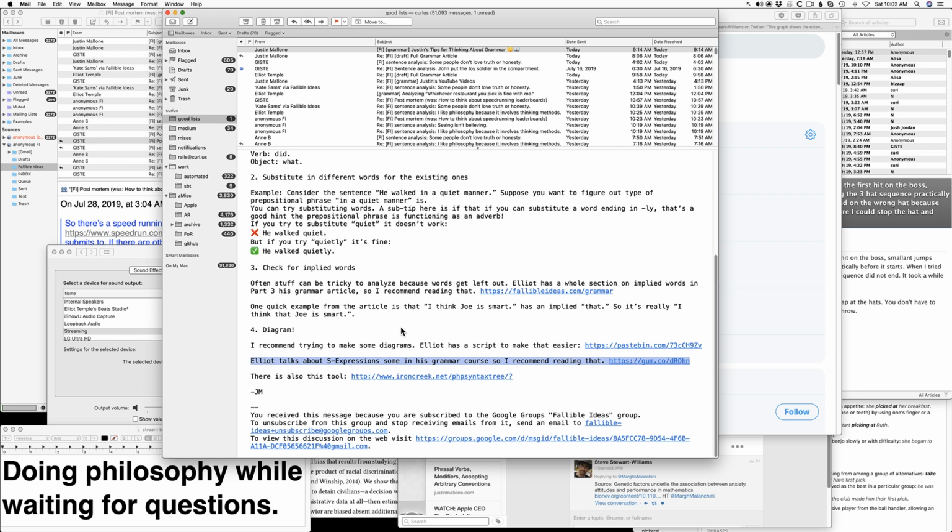Essentially, it's figuring out what is pointing at what. It's a similar kind of thing. Yeah, this tool is very easy and will do most of what you want. And if you want more options and customization or whatever, my script can help. And yeah, I go over the diagrams, like tree diagrams and S-expressions and stuff, in my grammar videos.